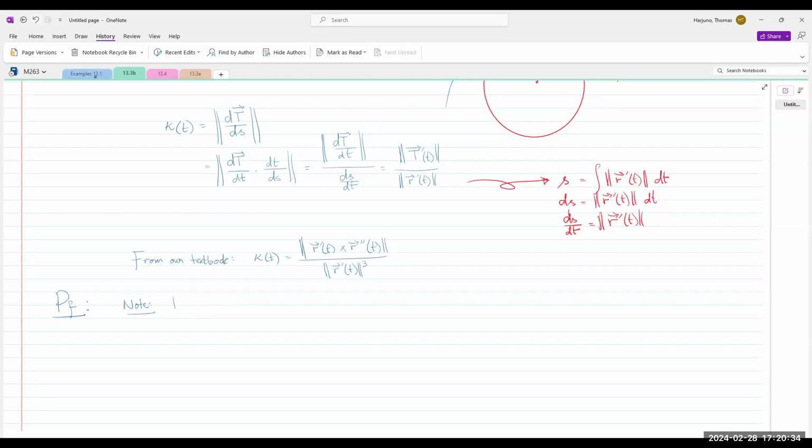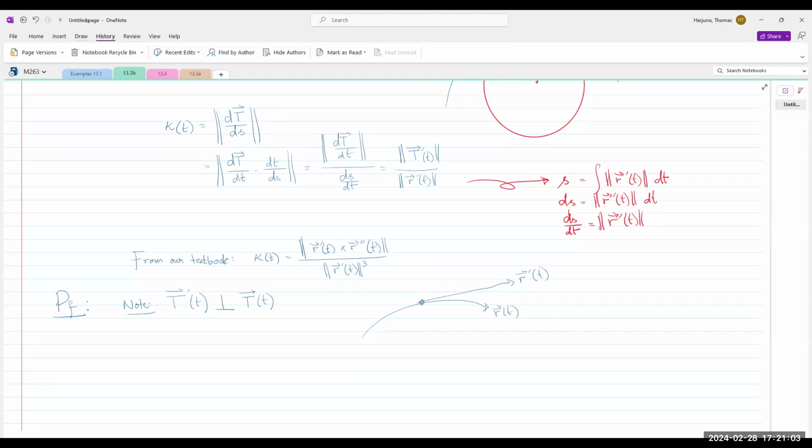We want to say that the derivative of the unit tangent vector is always perpendicular to the unit tangent vector. Okay, think of it this way. If this is the curve, this is the r prime t at this point, that's the tangent vector, right?